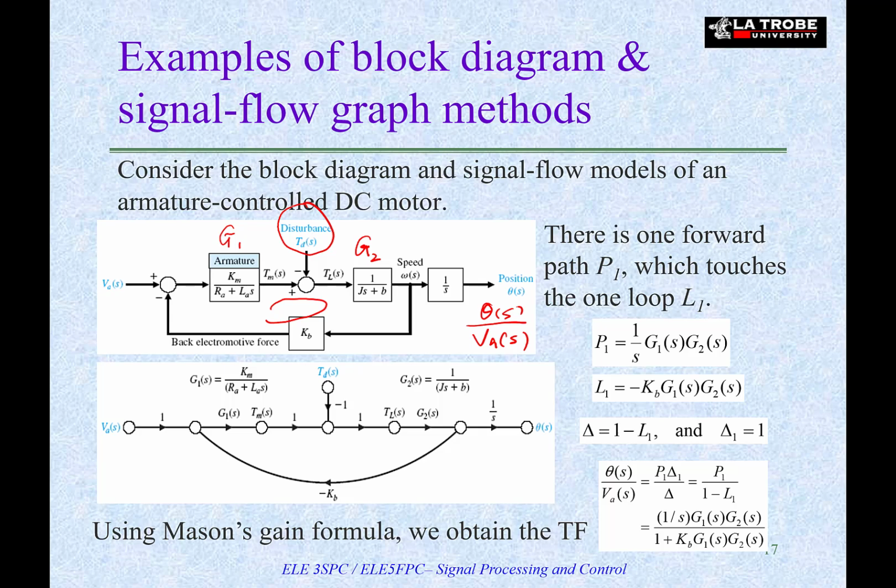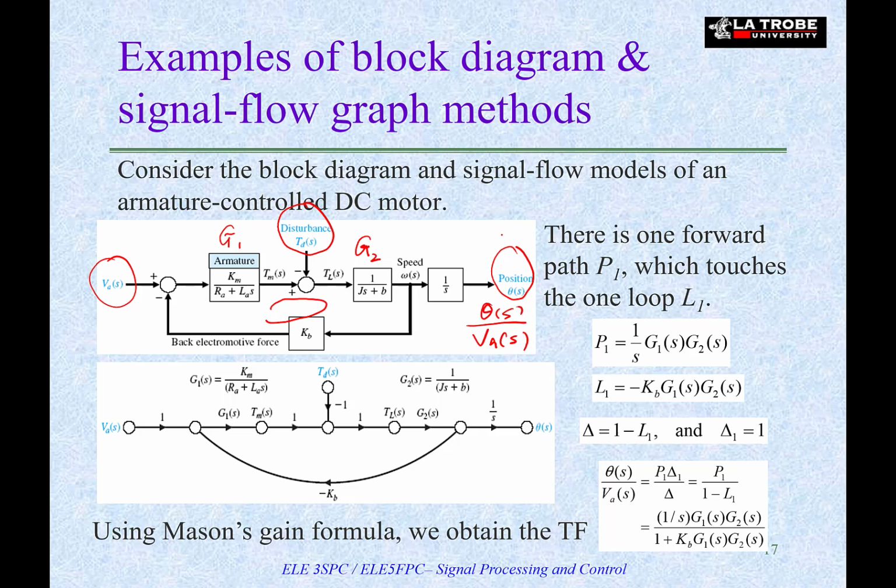The answer is no, because according to the superposition law, the inputs to a linear system can be considered independently. And the transfer function we are after here is the transfer function between the reference input and the system output, that is theta(s) over Va(s).